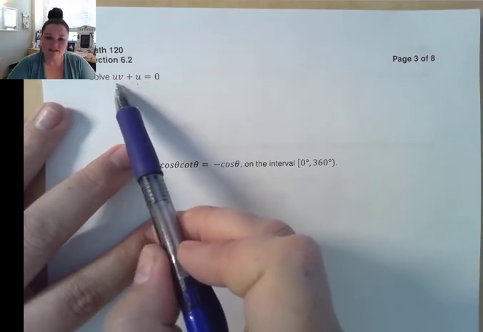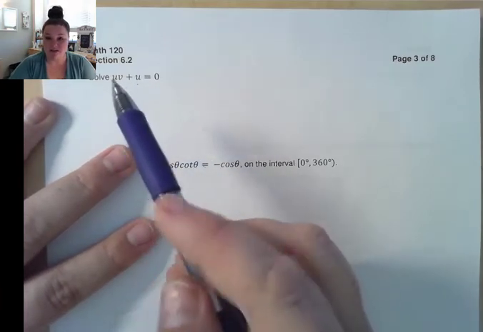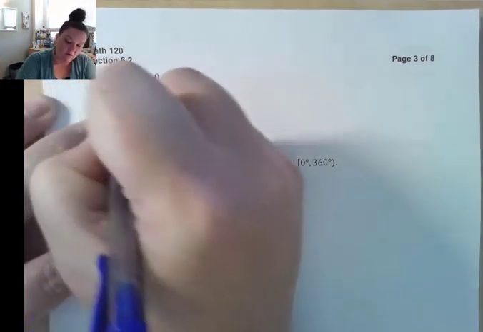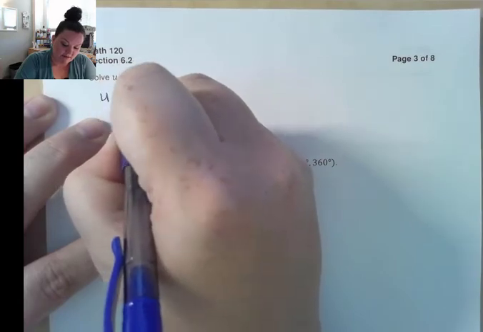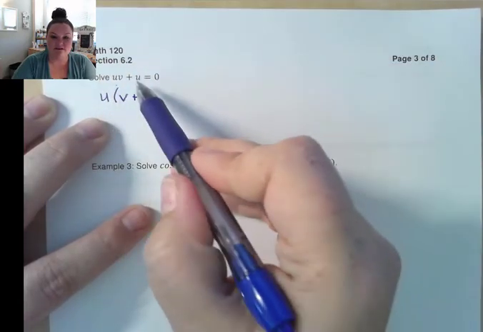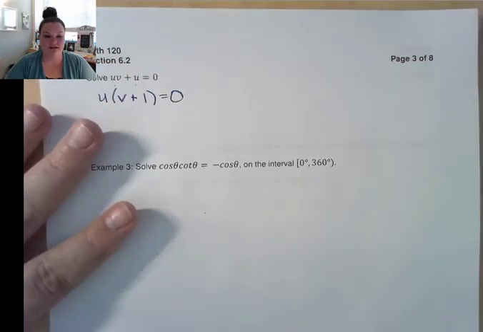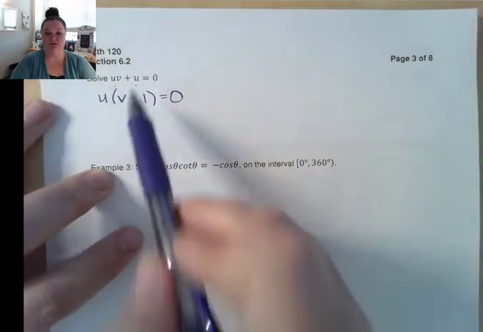So the only way that I could solve for u in this case is to factor out that u as a greatest common factor. So if I take the u out, in the first term I would be left with just a v, right? And the second term, if I divide out the u, I'd be left with a 1. So that tells me that u times v plus 1 would take me back to this original equation, right?